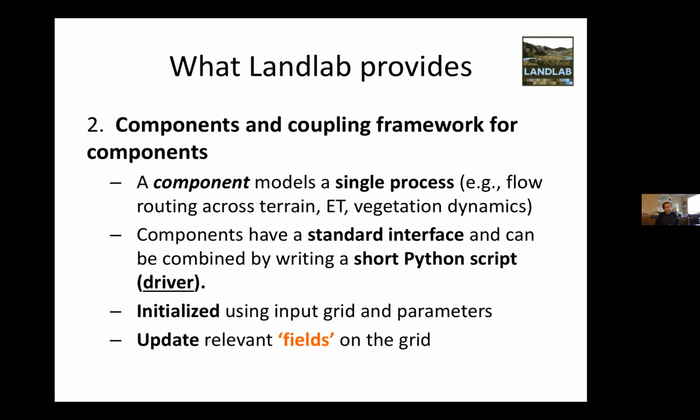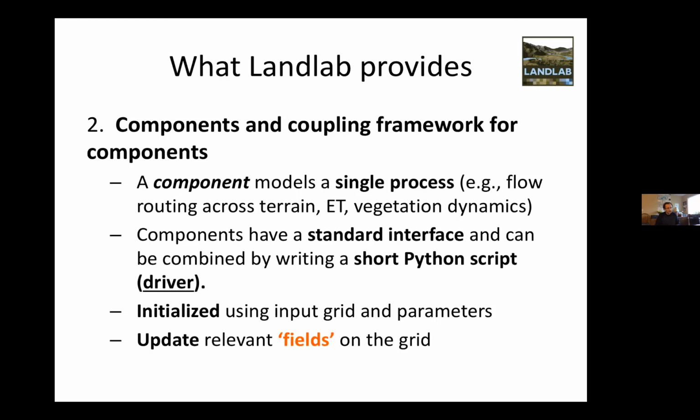A component is a model of a single process, such as flow routing, evapotranspiration, soil moisture, and so on. Components have a standard interface and can be combined by writing a short Python script. So essentially, when you put together components that interact with the raster model grid through Python scripts, then you essentially develop a model for a certain process.